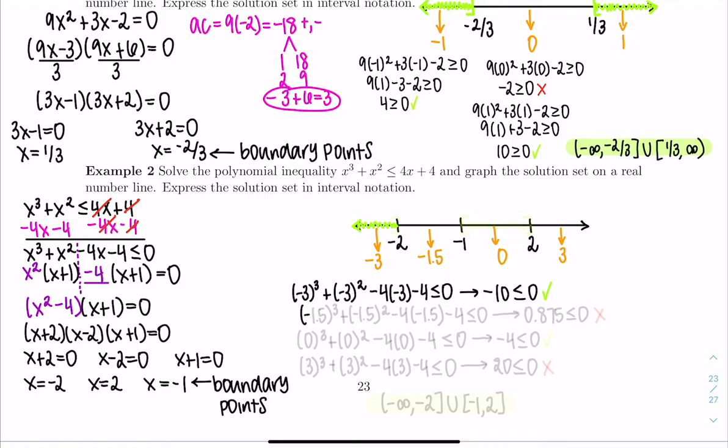Plugging in -1.5, -1.5 cubed plus -1.5 squared minus 4 times -1.5 minus 4 is less than or equal to 0. Well, that ends up giving me 0.875, which is not less than or equal to 0.